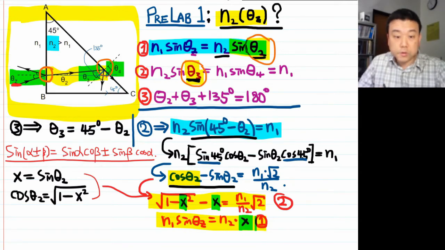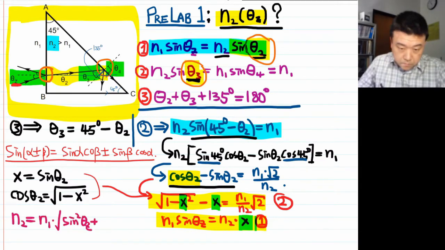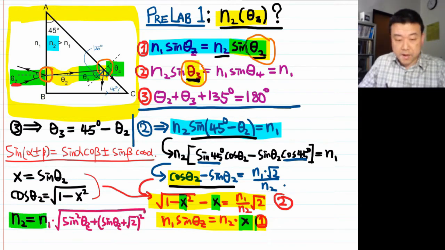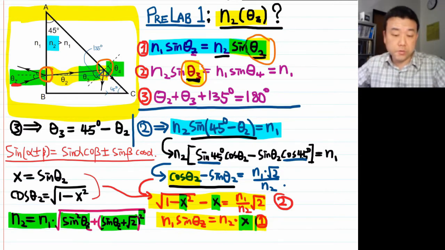So when you go through all the solution steps, n2 is equal to n1 times square root of sine squared theta g plus parenthesis sine of theta g plus square root of 2 squared. Depending on the exact algebra steps you go through, there are a couple different forms that this final answer can take. So verify if your answer is equal to this by checking it numerically.